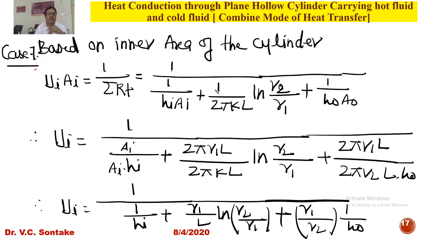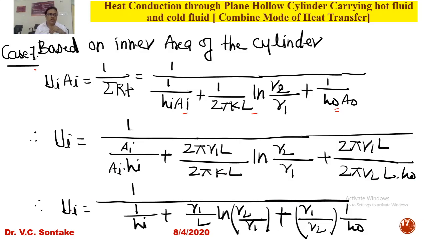In this case, Ui Ai will be equal to 1 upon summation of RT. 1 upon summation of RT is nothing but the summation of all the three thermal resistances by hot fluid, by surface, by cold fluid. If I multiply this inner area to this, I will get Ai over Ai hi plus 2 pi R1 L over 2 pi K L log R2 by R1 plus 2 pi R1 L over 2 pi R2 into L into ho.